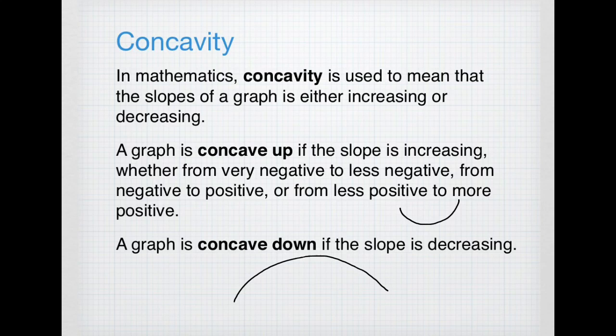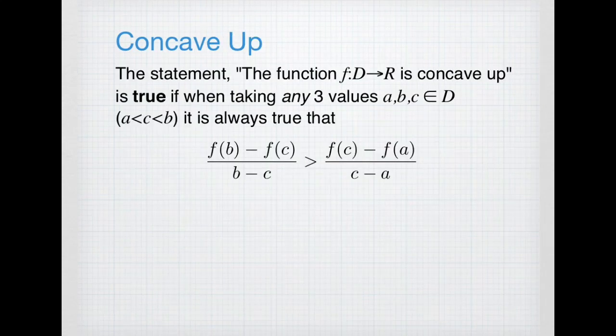In the next few slides, we'll look at what this means from a practical point of view and why it has to do with slope increasing and decreasing. So I introduced the idea that concave up means that my slope is increasing. So I want to talk about now how that relates to this definition.